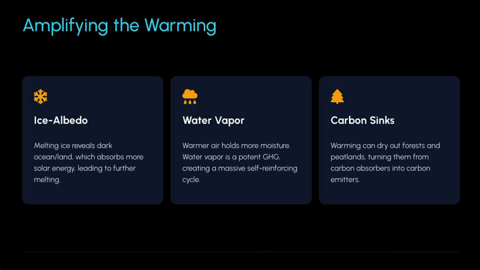There are also carbon sinks: warming can dry out forests and peatlands, turning them from carbon absorbers into carbon emitters. Wow, that can't be good. Pretty sure melting icebergs also increases the ocean level, so coastal cities are gonna be cooked.